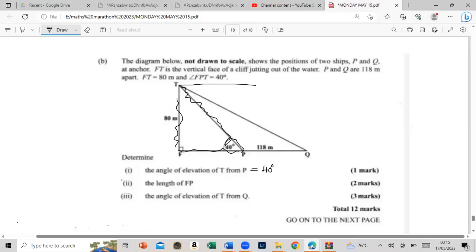If you're looking from this angle, this will be our opposite, and this will be our adjacent. So that's opposite over adjacent, so that will be tan 40 equals opposite, which is 80, over FP.